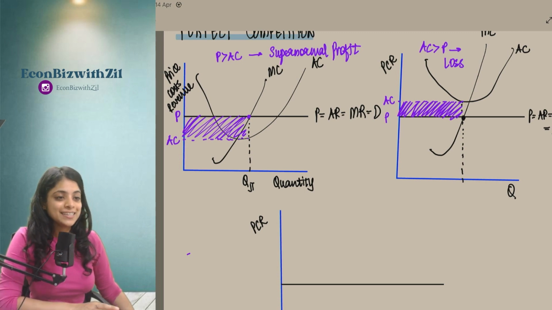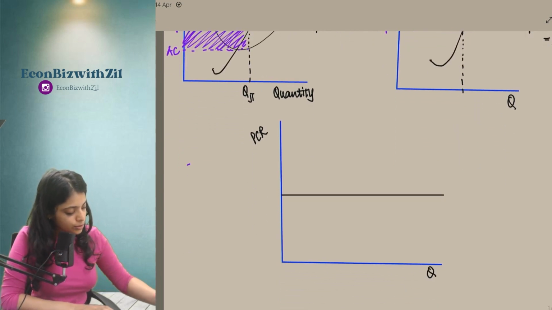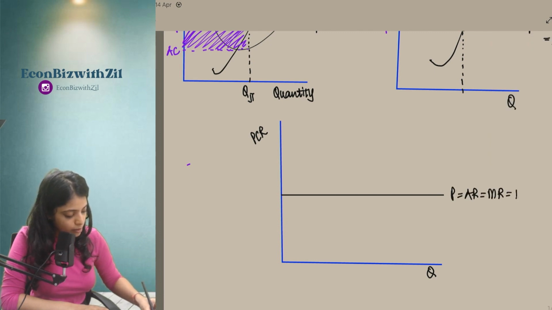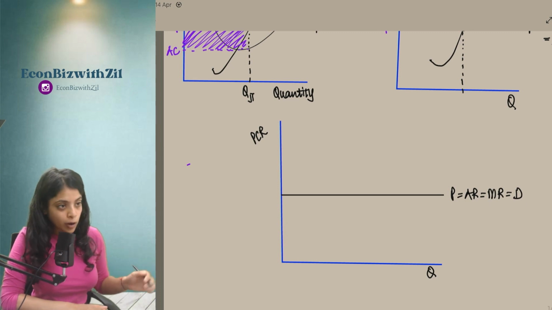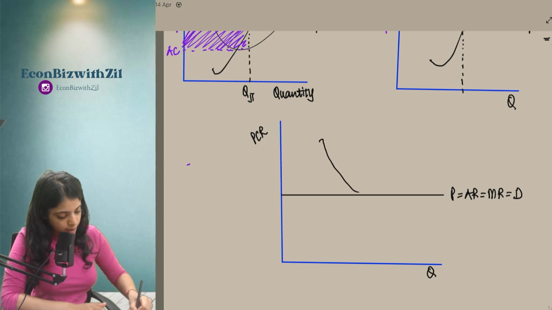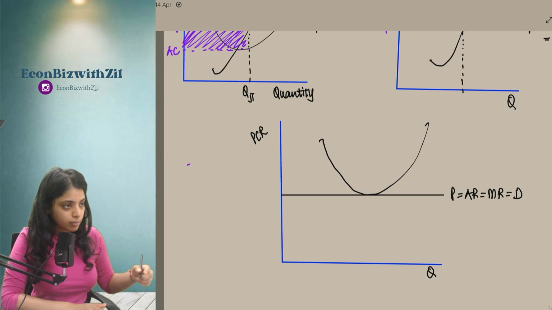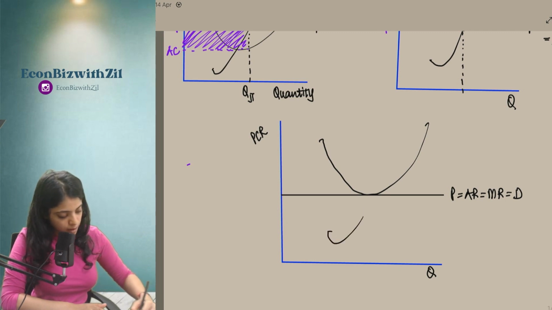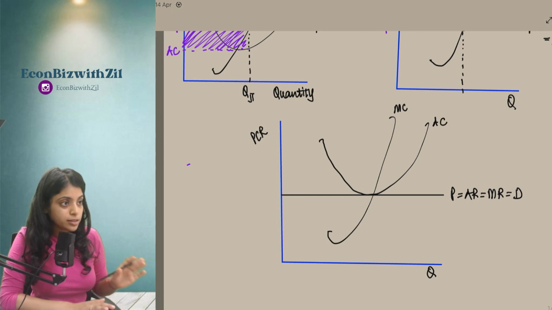Easy. We now move to the last one, which is normal profit. Again, P equals AR equals MR equals D. For normal profit, I'll draw my smiley touching the P curve, and MC. Obviously, when I draw it on paper, it's much neater.